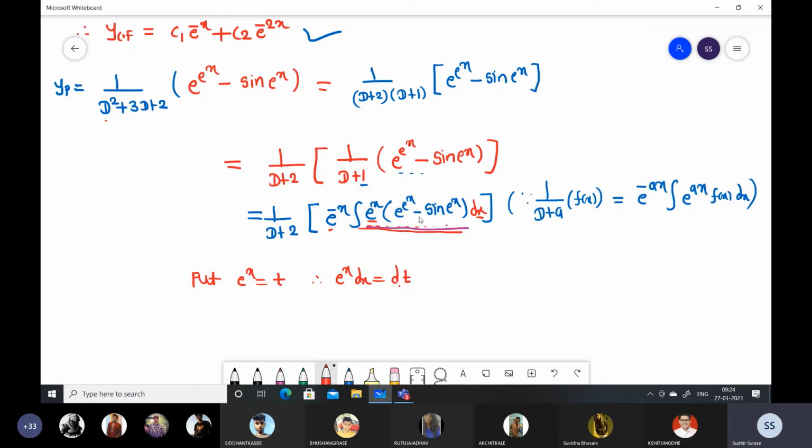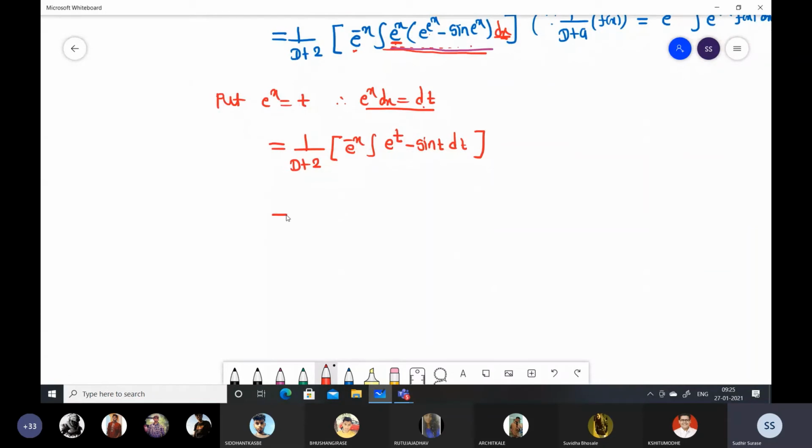So this integral will look like 1 upon D plus 2, with e to the power negative x as it is, and inside the bracket e to the power t minus sine t, and e to the power x dx we have its value dt. Bracket complete. Now we have to solve only this integral, and it is quite simple.